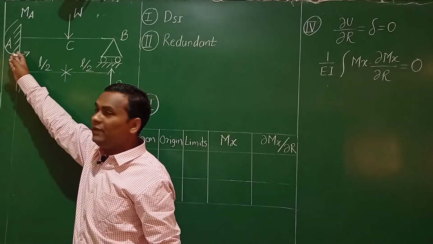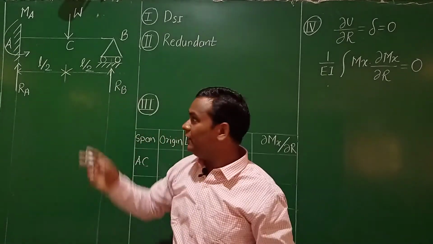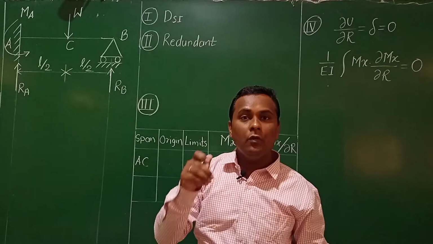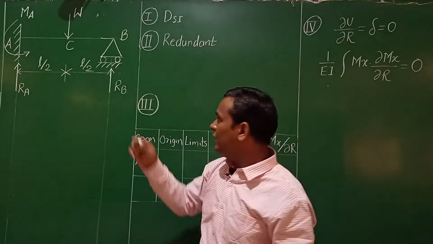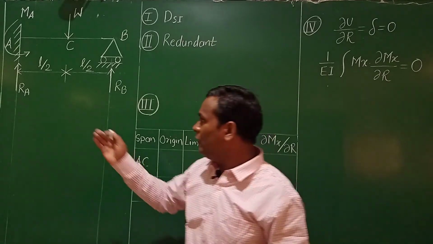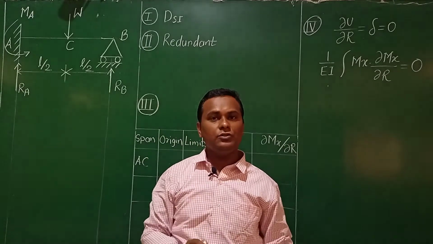At A we have neglected the horizontal reaction. The reason is that the given cantilever beam is subjected to purely vertical loading. So if there is no load in the horizontal direction, there will not be any horizontal reaction. So we are neglecting the horizontal reaction.